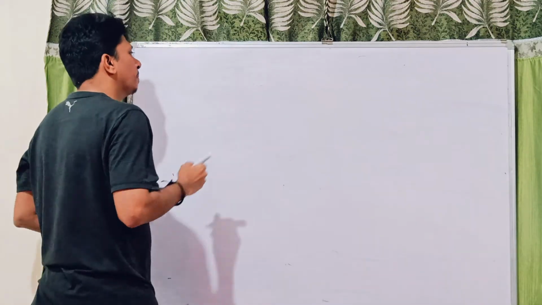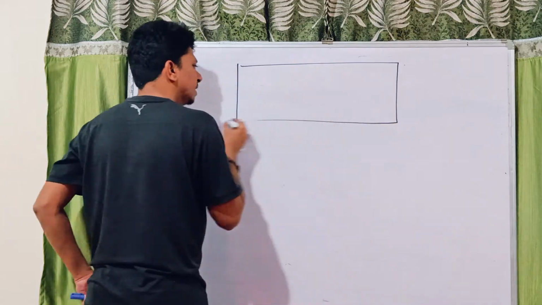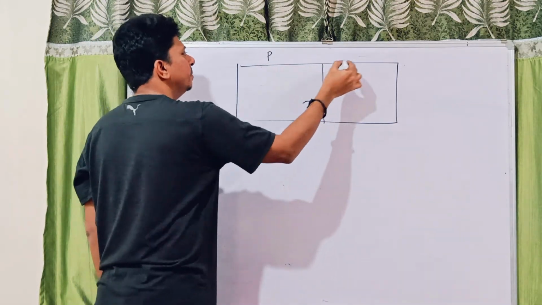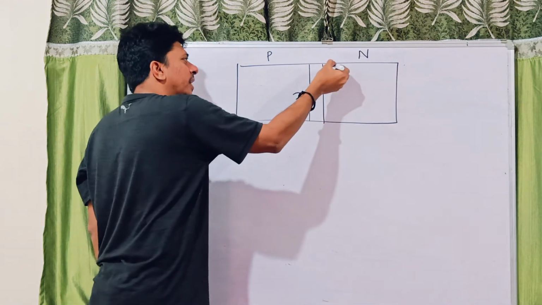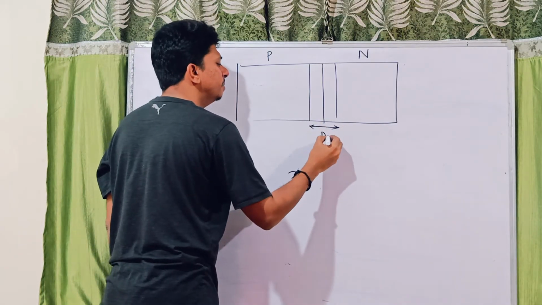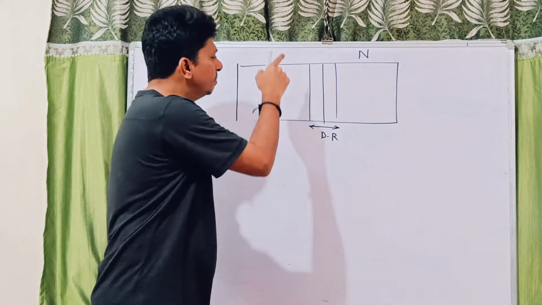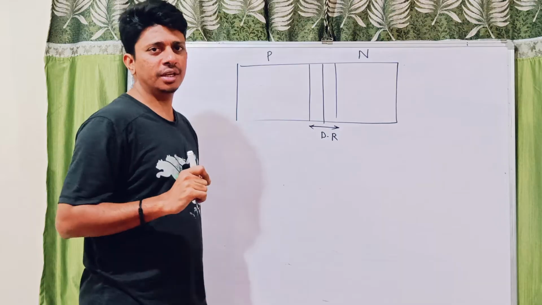Whenever anyone asks you to draw the PN junction, this is the PN junction, this is P type, this is N type, and in between P type and N type there will be one region, and that region is nothing but the depletion region. Why is it called depletion region? Because it is depleted of the charge carriers. Which charge carriers? Free charge carriers.